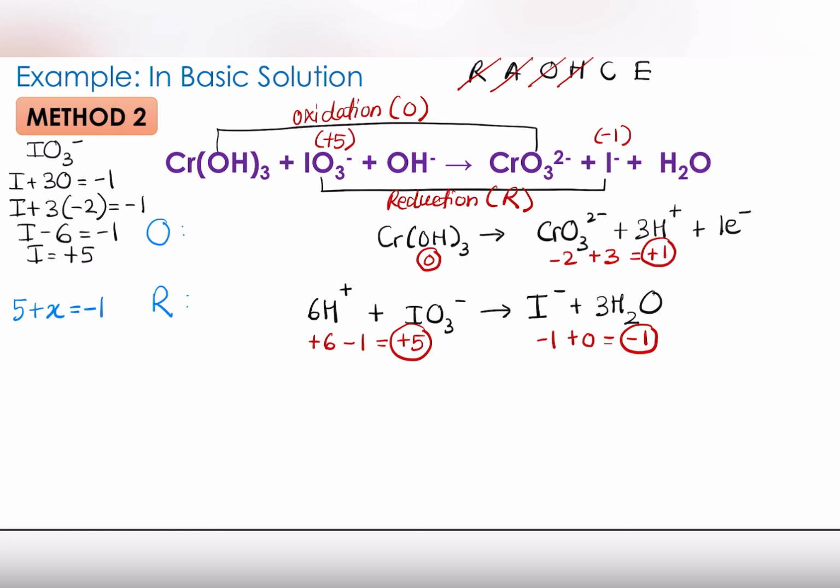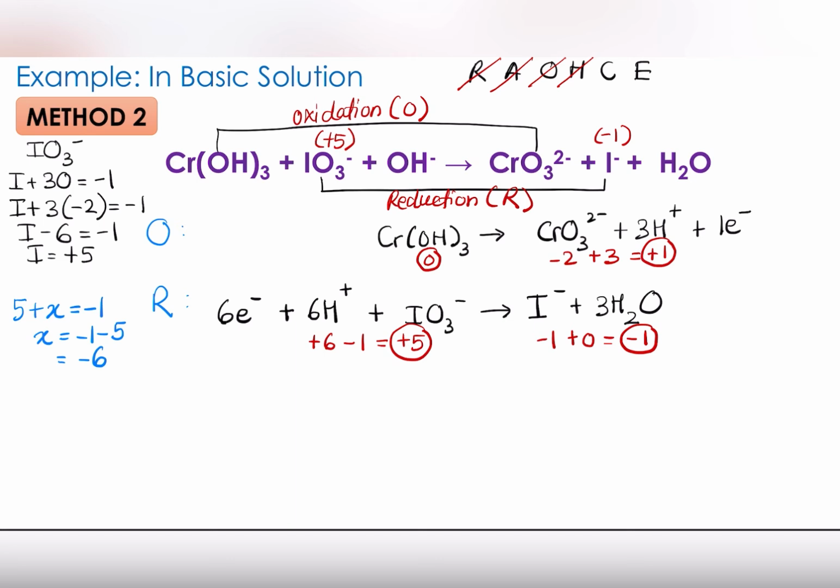So you rearrange, you will have negative 1 minus 5. And here you will have negative 6. So it means that bilangan elektron yang saya tambah adalah 6. So I will put positive tambah 6E minus. Okay, so that's how I want to find out the value.